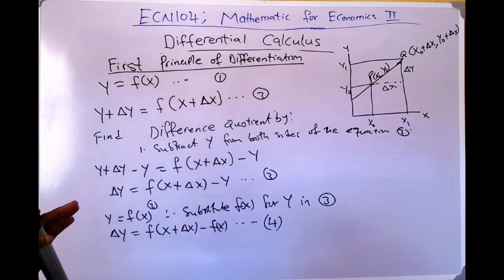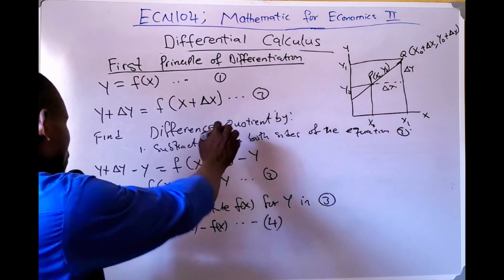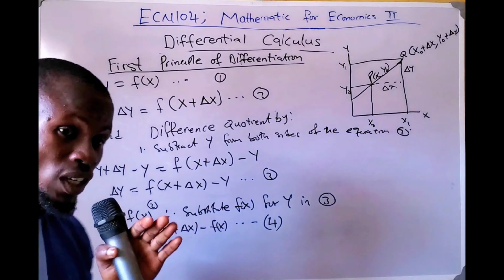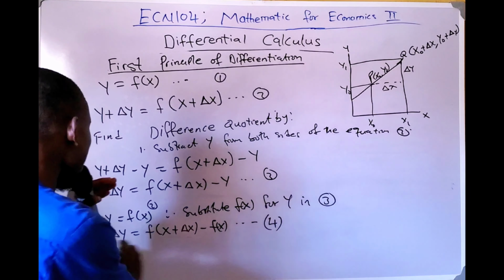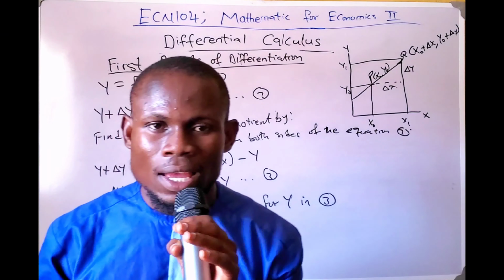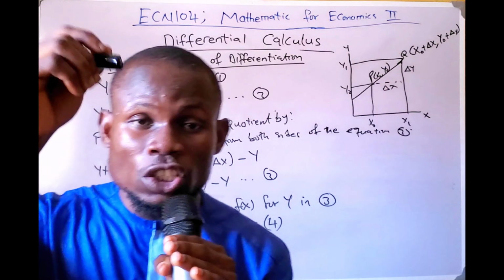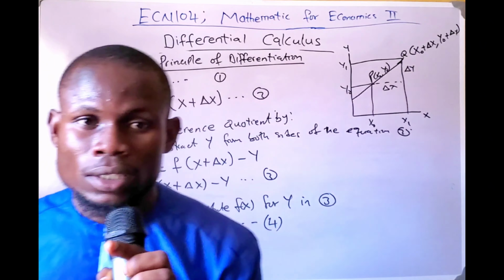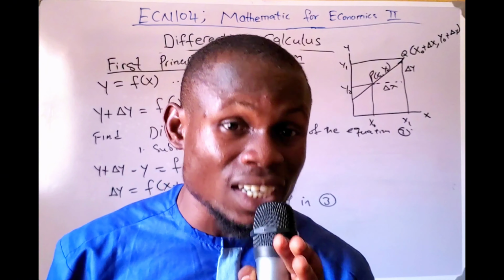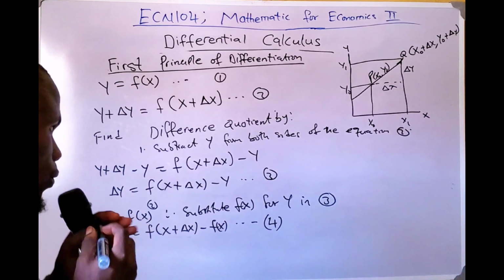Now from equation 4, the third step to find the difference quotient is to divide all through by change in x, as the difference quotient is change in y over change in x. The difference quotient is also stated as the gradient of the curve.